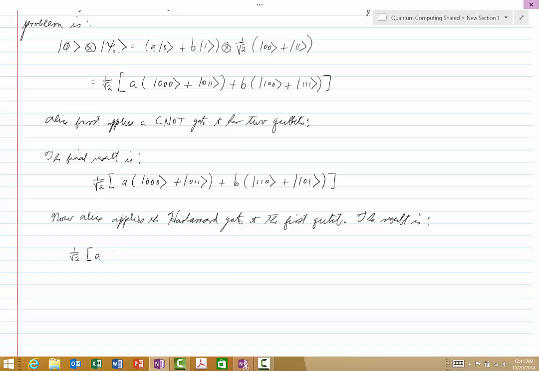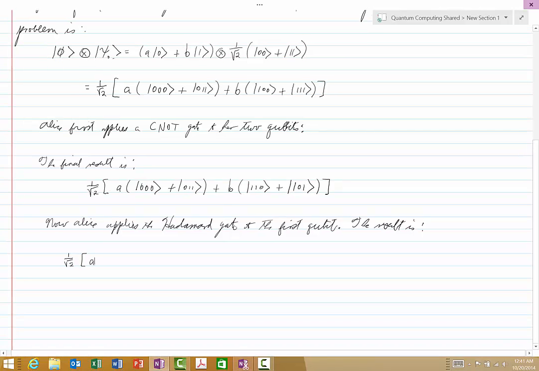So when we apply the Hadamard gate to the first qubit here, we will get 1 over square root of 2 |000⟩ plus 1 over square root of 2 |100⟩.